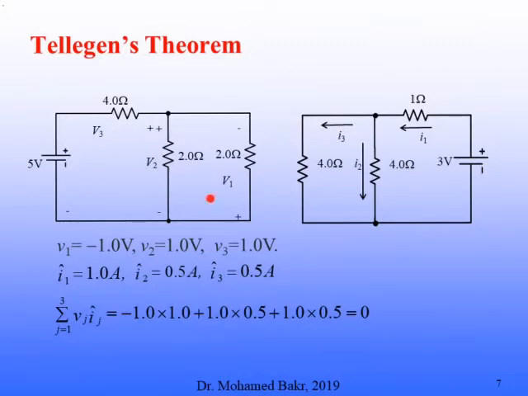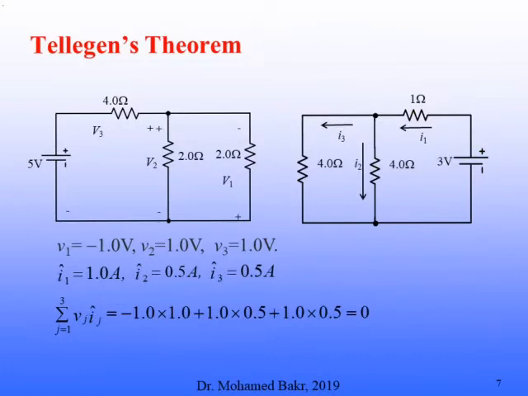So here we have one circuit and a second circuit. What makes the connection between these 2 circuits is the fact that they both have 2 nodes, like this one here, and they have 3 branches. Okay, so they have the same topology, you can call it the same graph.